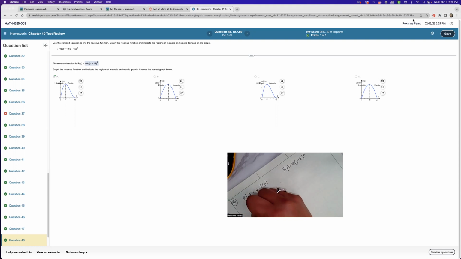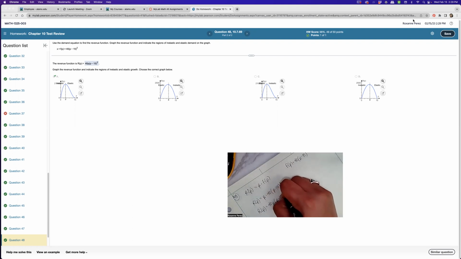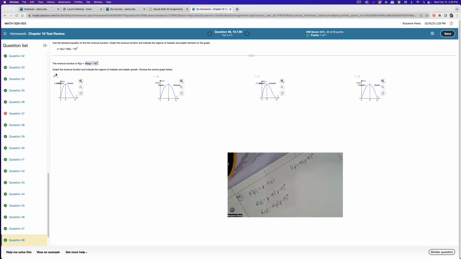So R of p equals p times 40 times p minus 15 squared. So just simplify this. R of p equals 40p times p minus 15 squared. And this is your solution here.